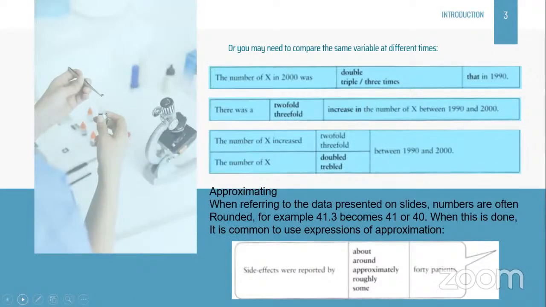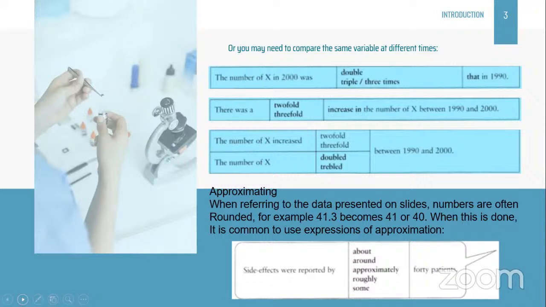Or you may need to compare the same variable at different times. The number of X in 2000 was double or triple, 3 times that in 1990.